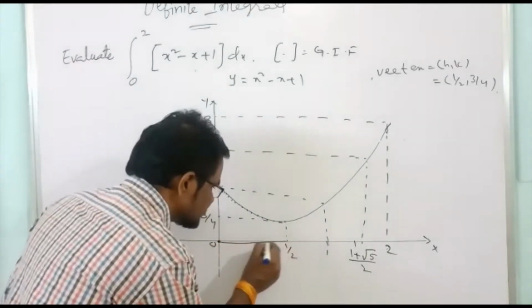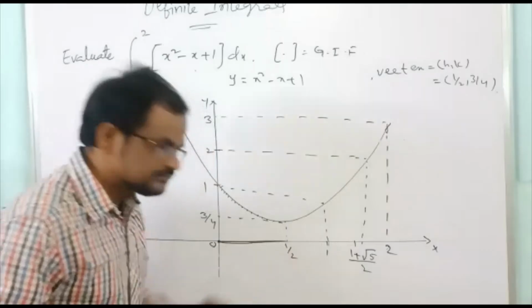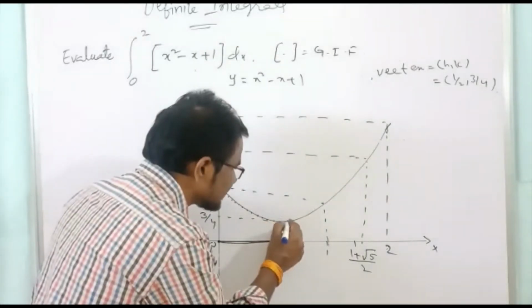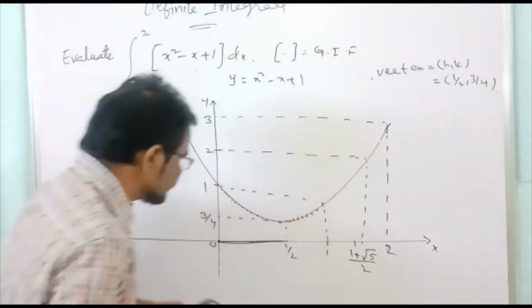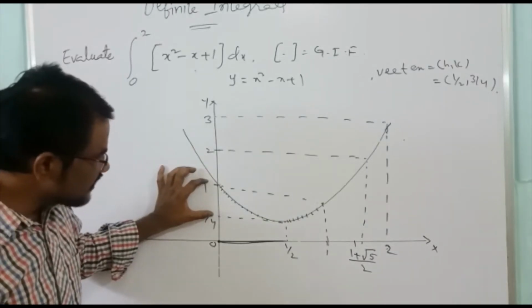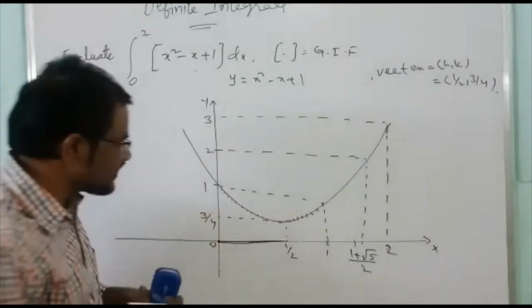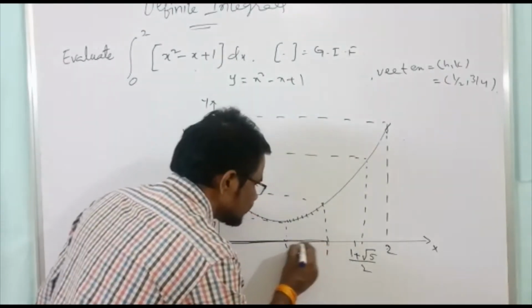So here to here it is clearly 0. Again from 1/2 to 1, the graph is increasing, and the y value varies from the same 3/4 to 1. So the greatest integer of that is again 0 only.